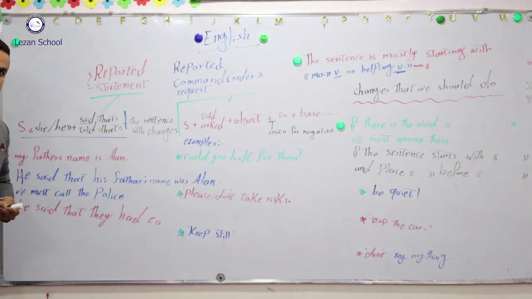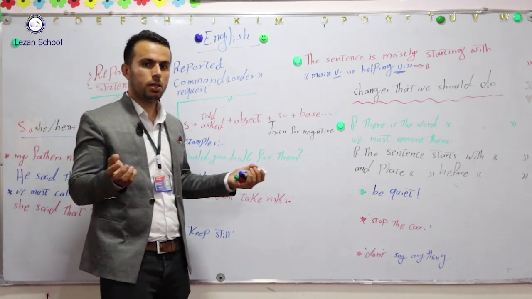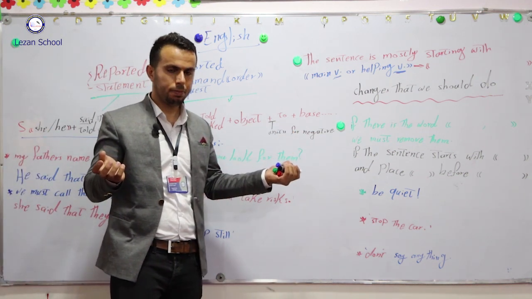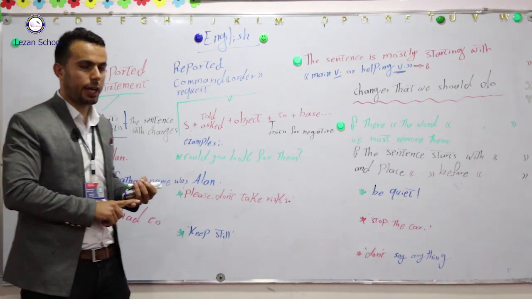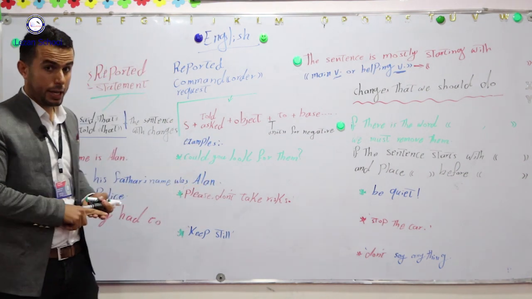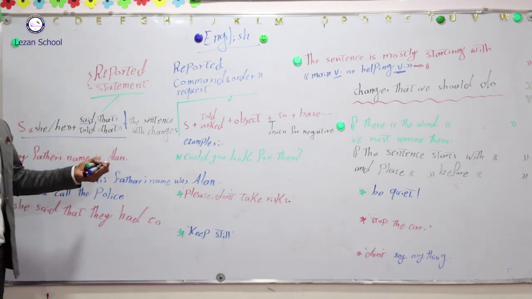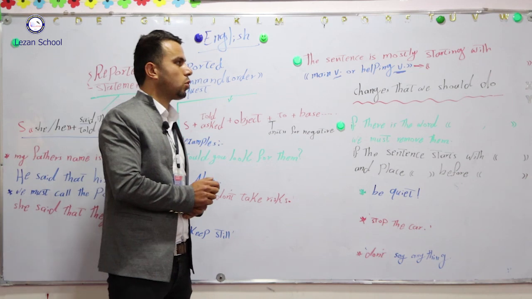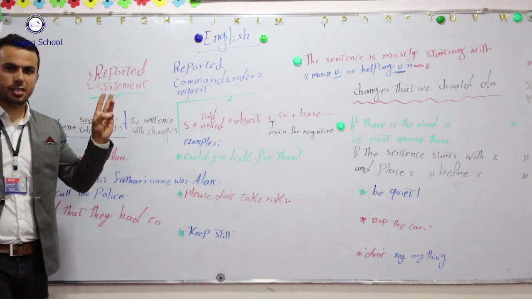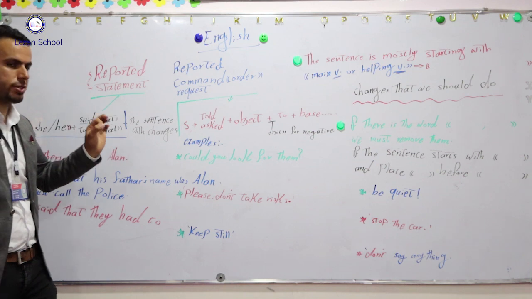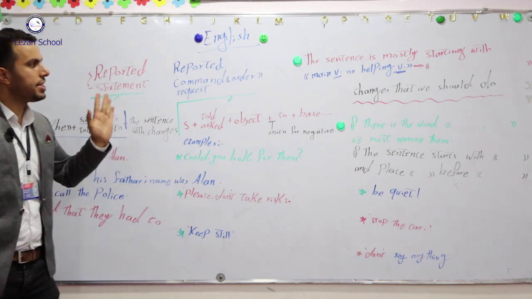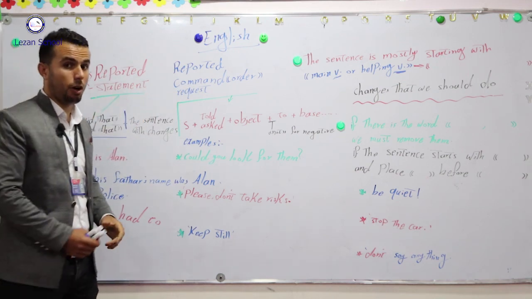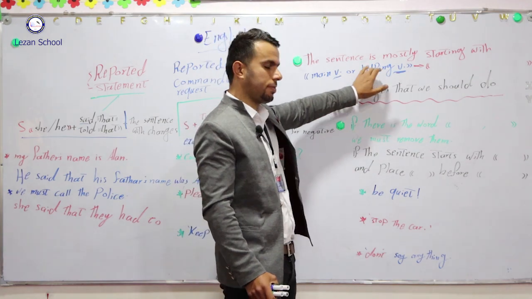Do you have any question? Of course, no. What is a main verb and what is a helping verb? I told you before, the main verb is what? Take, make, bake, and so on. There are a lot. But helping verb is what? Is, are, was, were, have, has, had. These are helping verbs.